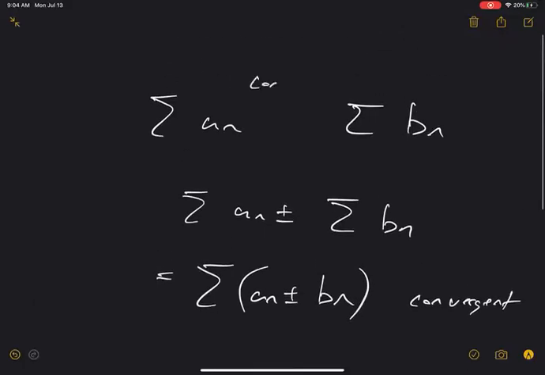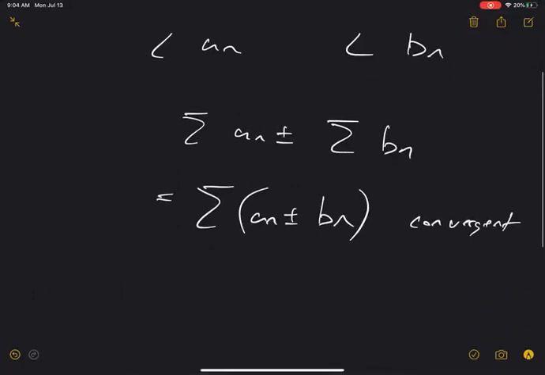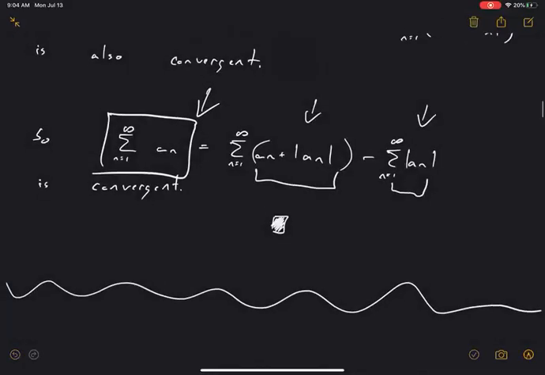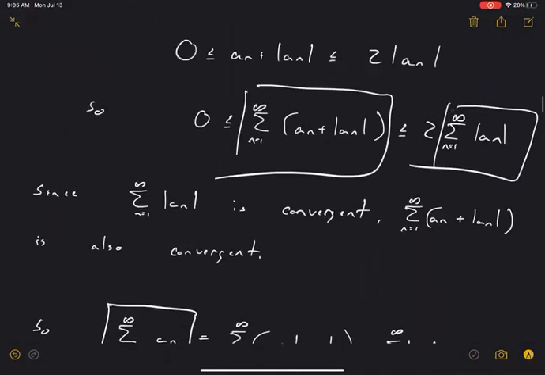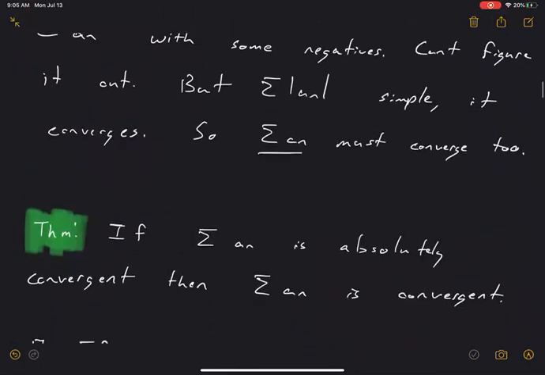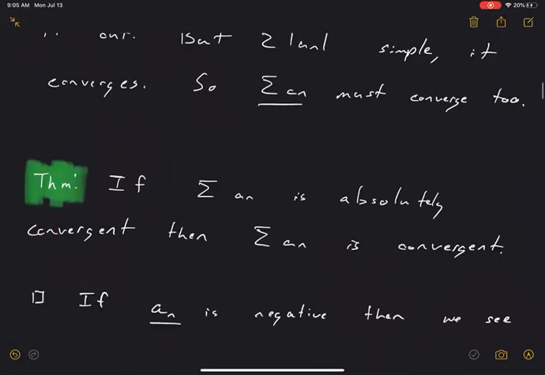So if this is convergent, and this is convergent, then this thing will be convergent. Okay. So that's what we've done. All right, so just to reiterate, what have we shown? If a sub n is absolutely convergent, then a sub n is convergent.